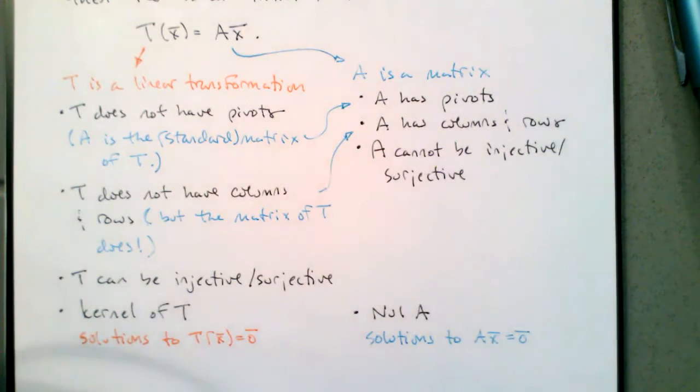But one of these words, kernel, we should only apply to the transformation. The other word, null space, is what we should apply to the matrix. So we want to be careful with what words go with what objects. Like I said, if you said the kernel of this matrix, people would generally know what you're talking about, but that doesn't make it good practice.